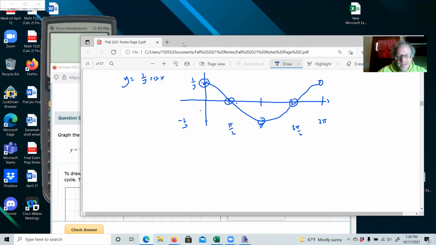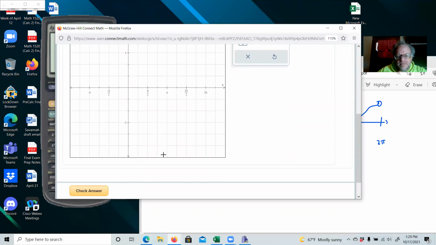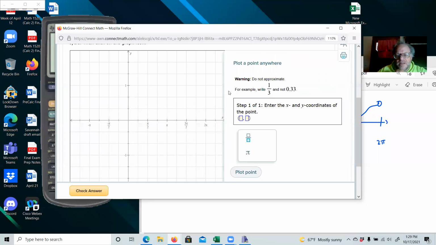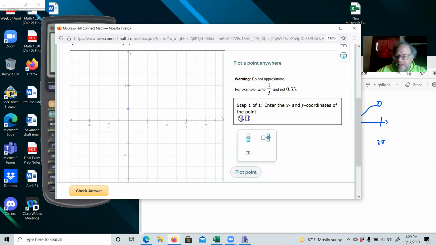All right. So let's go ahead and plot our points here. So we are going to have x equals 0, y is equal to, not 1, 1/3. Okay, plot that point. Okay, x is equal to pi over 2.